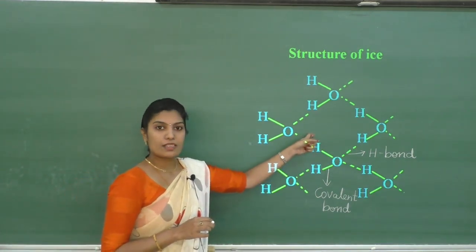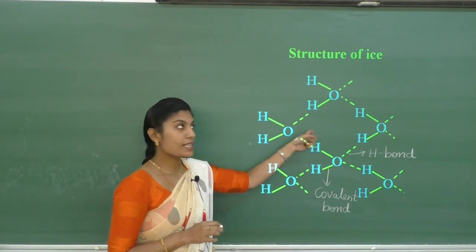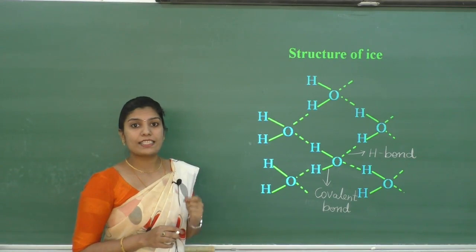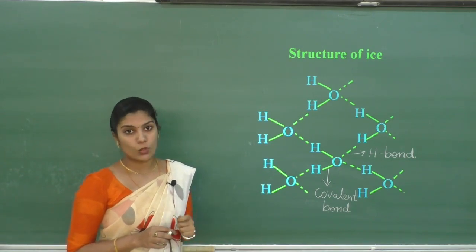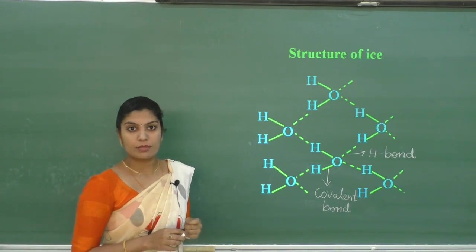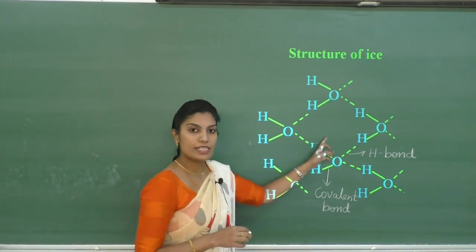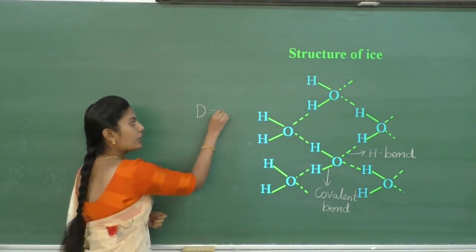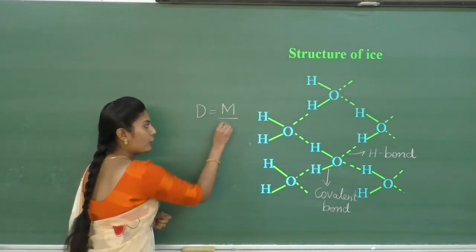Because of the presence of this empty space in the structure of ice, we say that the density of ice is less than water. Why is the density of ice less than water? Because of the presence of this empty space. You all know that density is equal to mass by volume.